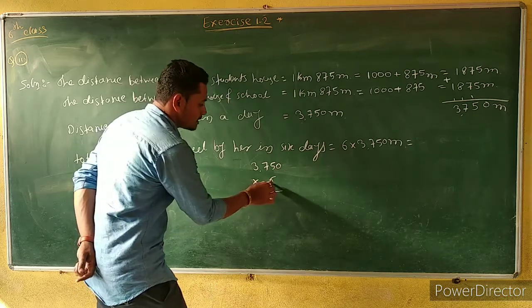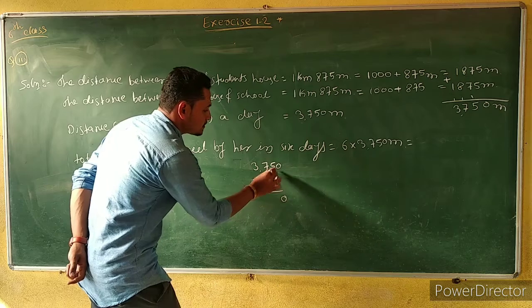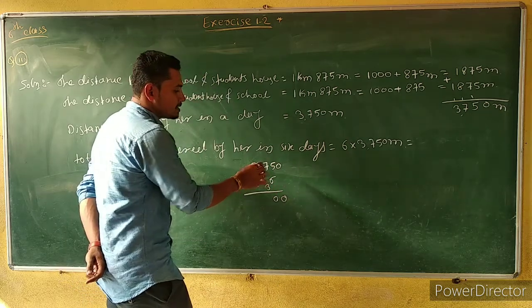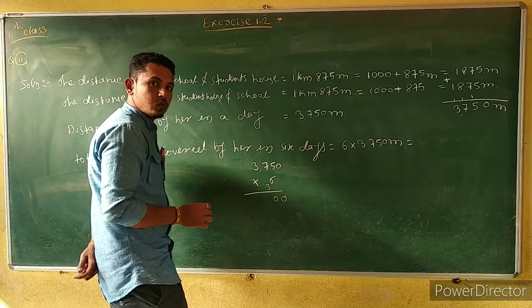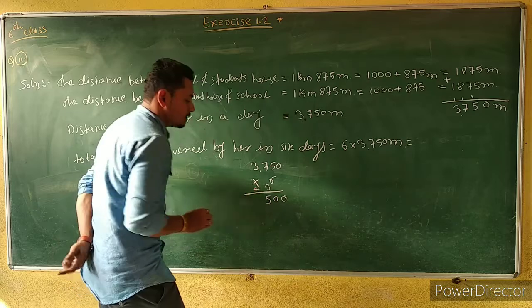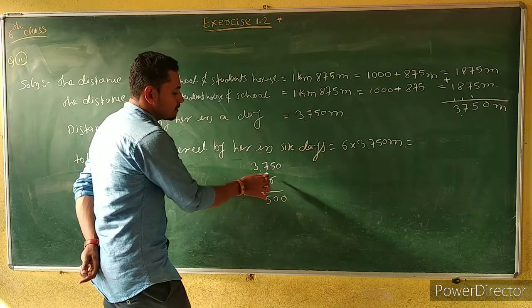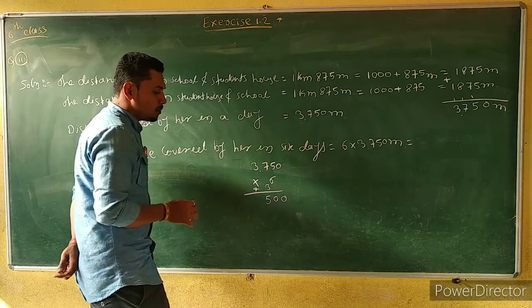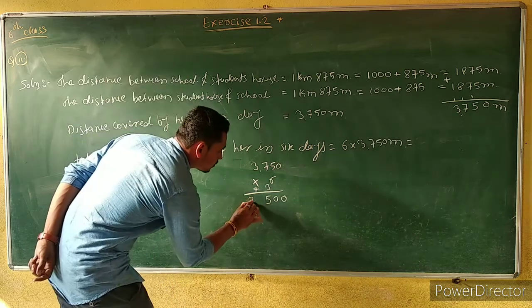Is it right? So 6 0s are 0, then 6 5s are 30, then 6 7s are 42. 42 plus 3, 45. So 4 take carry. Then 6 3s are 18. 18 plus 4, 22.